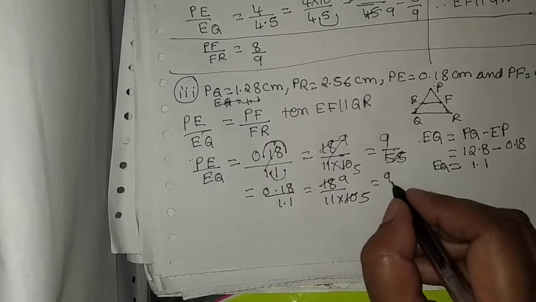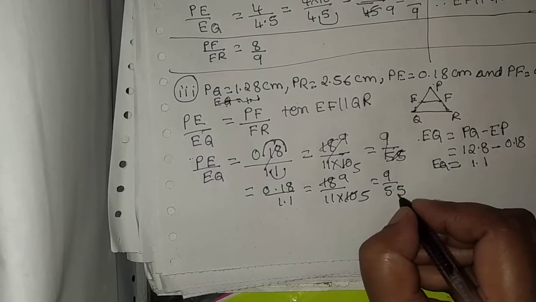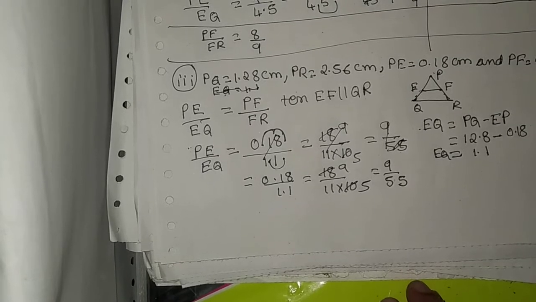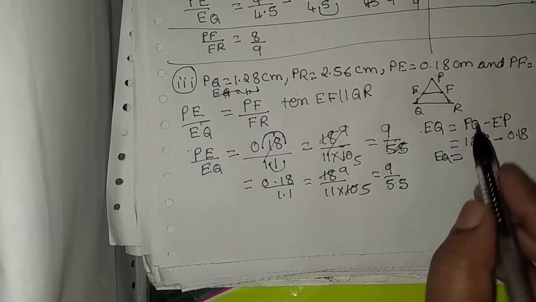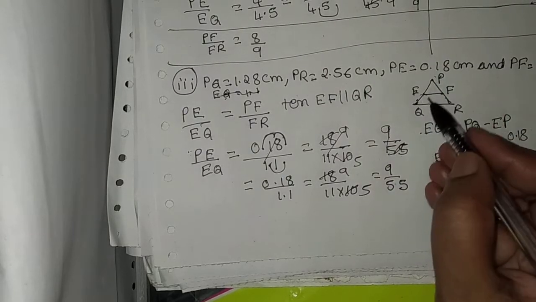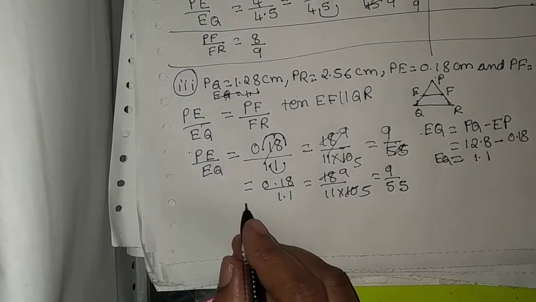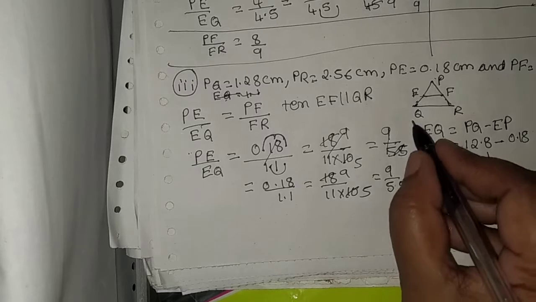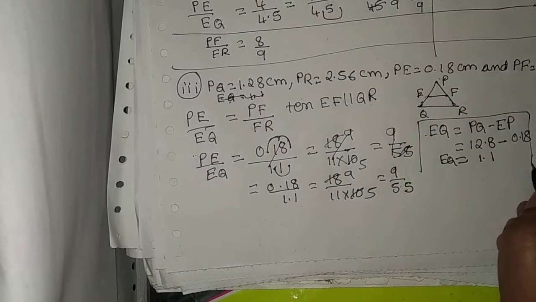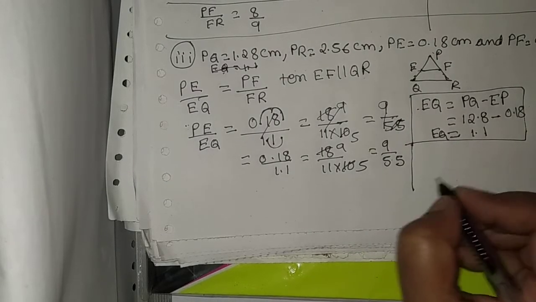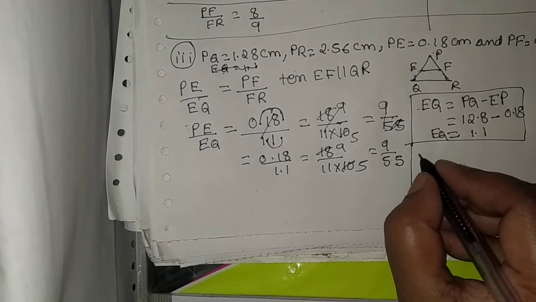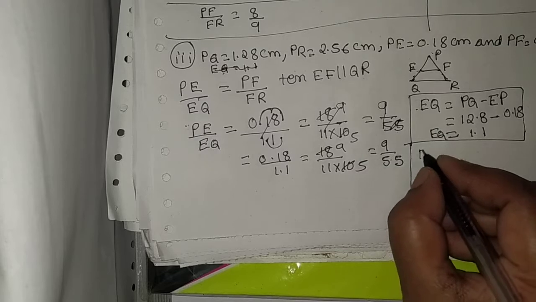We have to find out EQ in this case, since it is not given. Instead they have given PQ and EF. Seeing this figure, PQ minus PE is equal to EQ. For the next also we have to find out. Seeing the figure, they have not given FR.